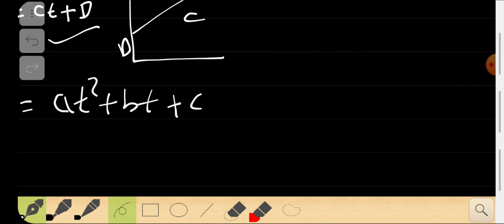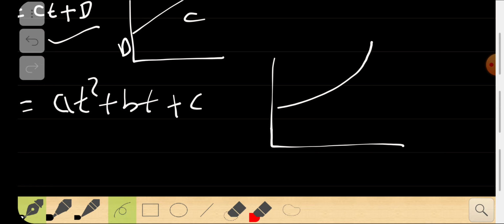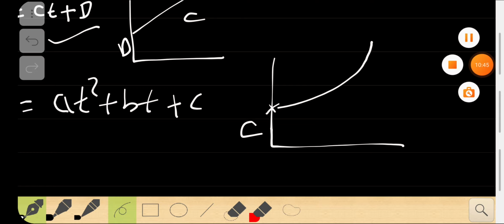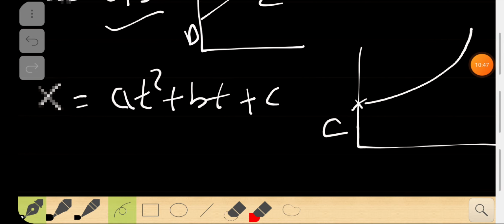Depending upon the slope, it will look something like this. It will be a curve like that. It will have a slope, and the initial starting point will be c, and it will have a curvature like that.